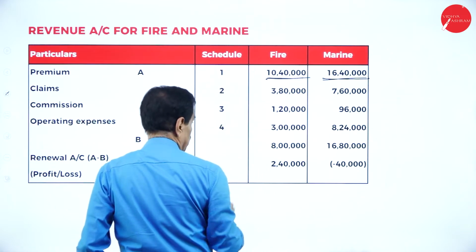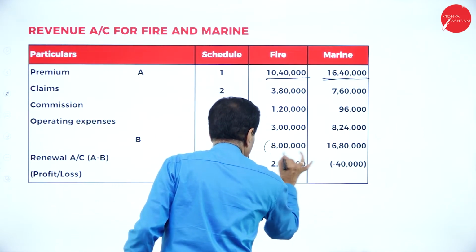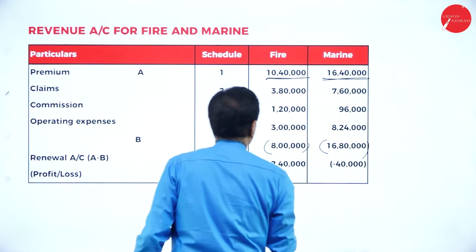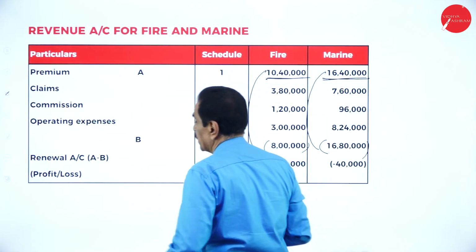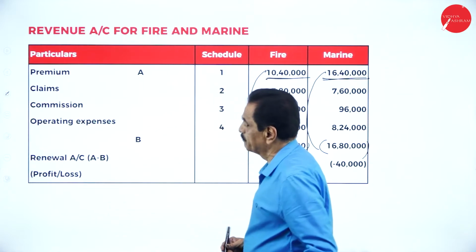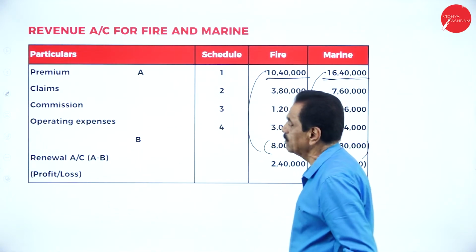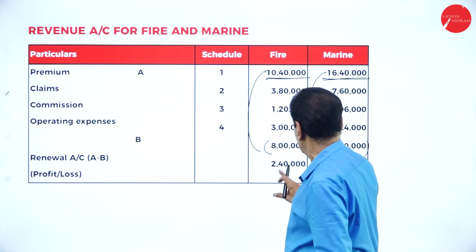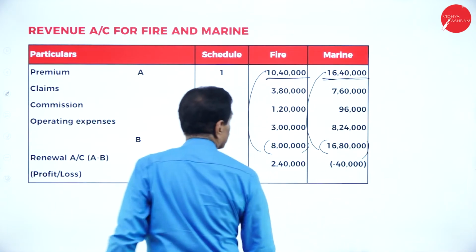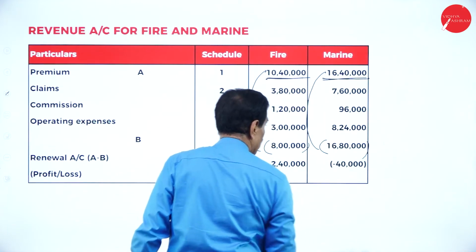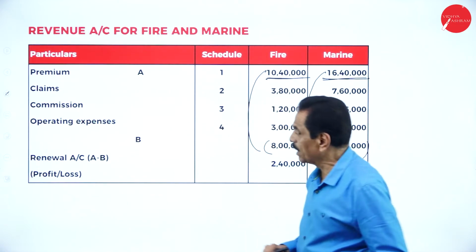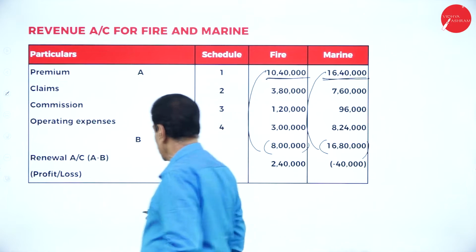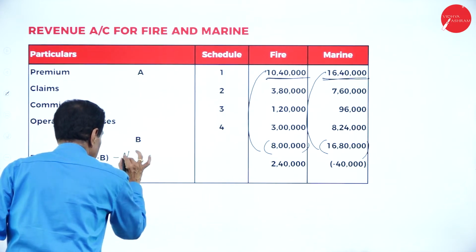This is your expenditure. From this figure, deduct, A minus B, gives the revenue account result, 2 lakh 40,000 for fire and 16 lakh minus 40,000 for marine, which means profit or loss from revenue account.